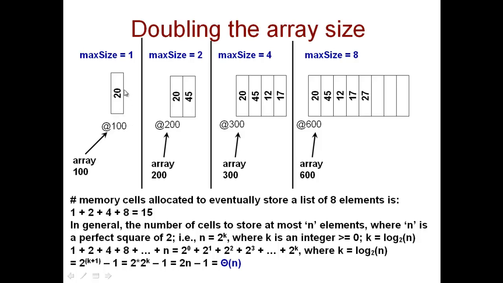When it's full, we make it twice the previous size, so the max size is 2. If it is full, make the max size 4. If it is full, make the max size 8. Now let us count how many memory cells you are using. It is 1 plus 2 plus 4 plus 8, which is 15.